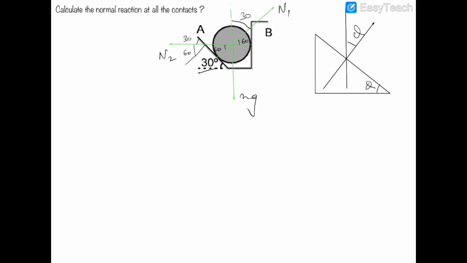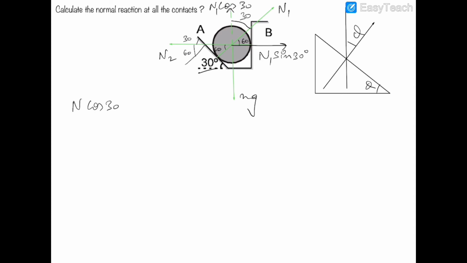30 degrees itself. So by resolving the forces, we will get the equation N1 cos 30, this component, and this component is N1 sin 30. See, N1 sin 30 and N1 cos 60 are the same because both sin 30 and cos 60 have half value.